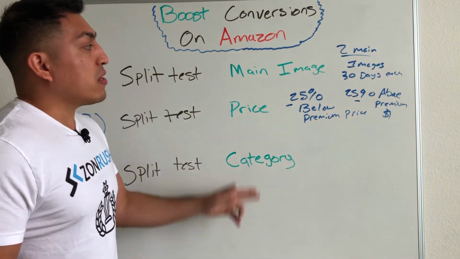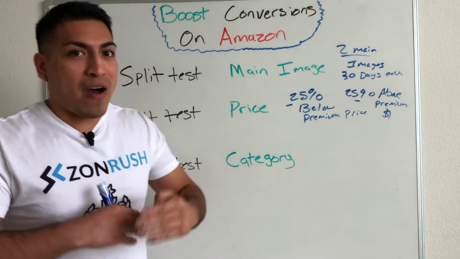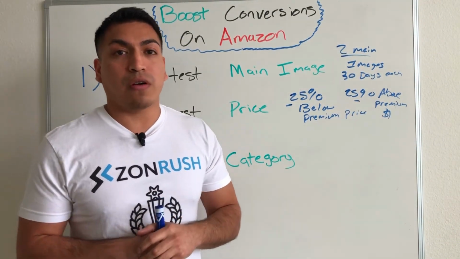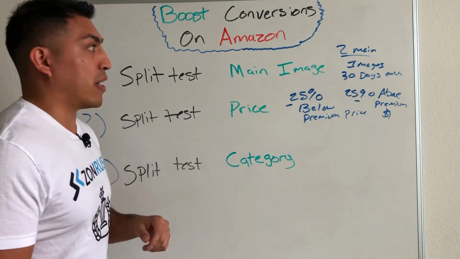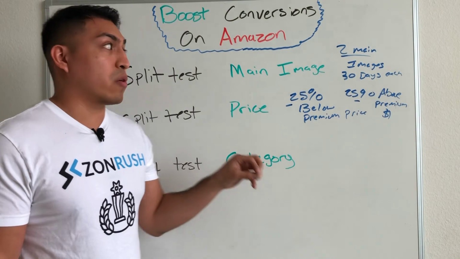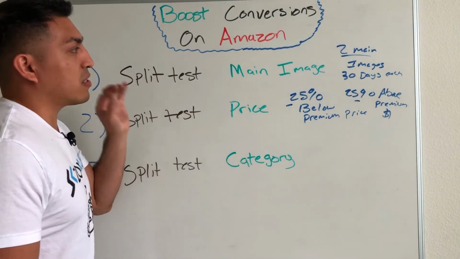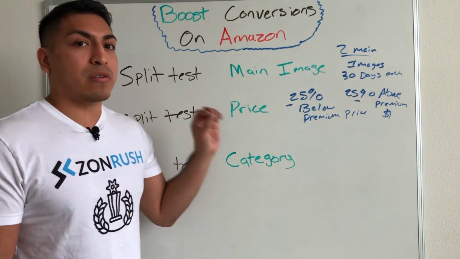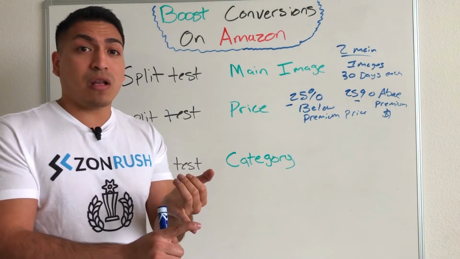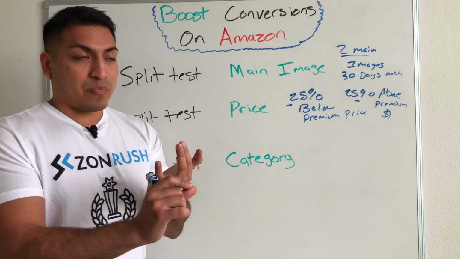And when you combine these 3 strategies, you're going to find an optimal flow for your listing in whatever space you're in on Amazon right now, okay? But you have to let the data guide your business decisions. So these are 3 extremely simple ways that you can boost your conversions and find the optimal balance between sales velocity and profit.